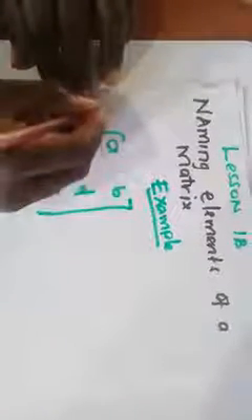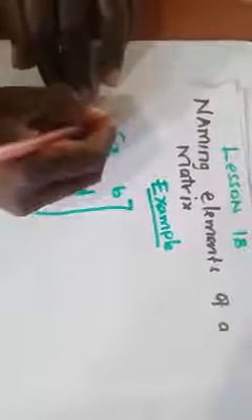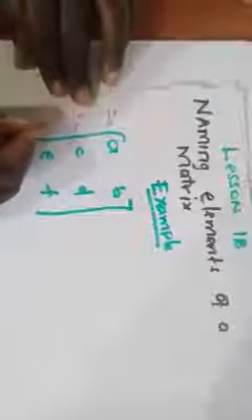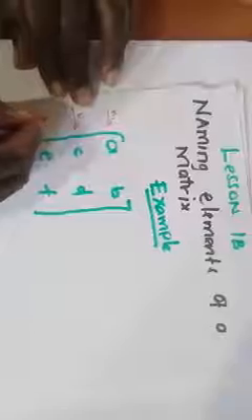You can see that this is row number 1, this is row number 2, and this is row number 3. Also, remember that rows are horizontal while columns are vertical. This is column 1 and this is column 2.